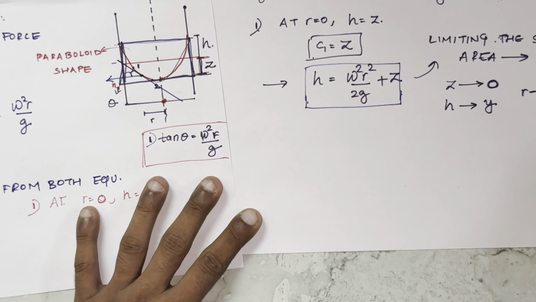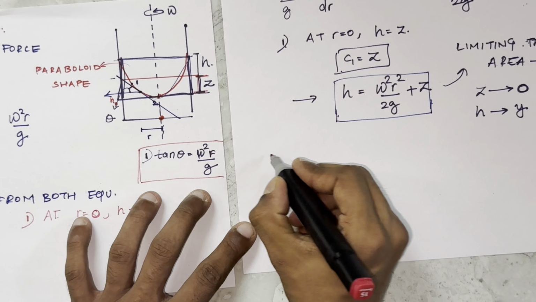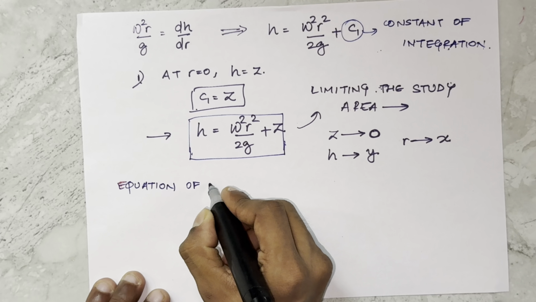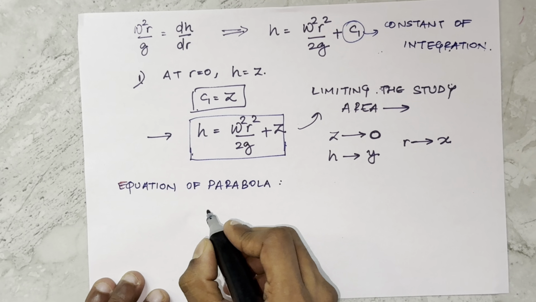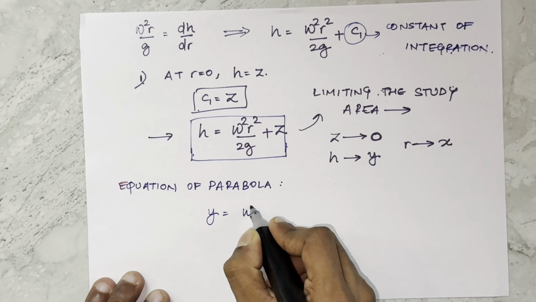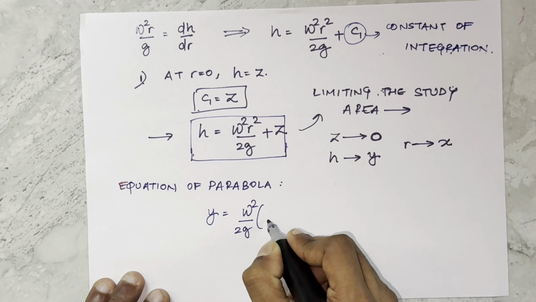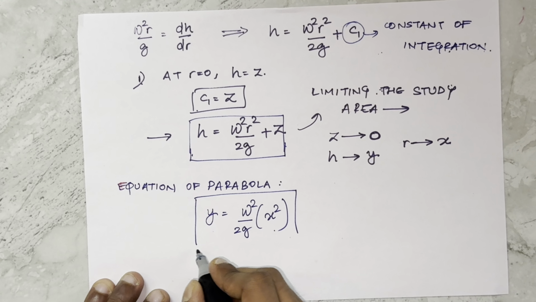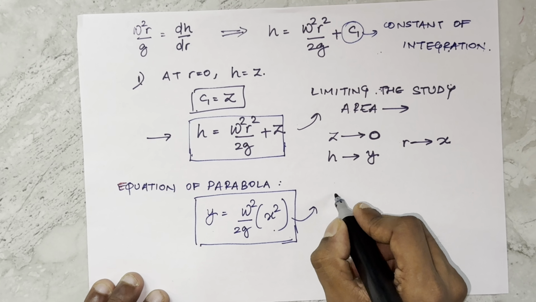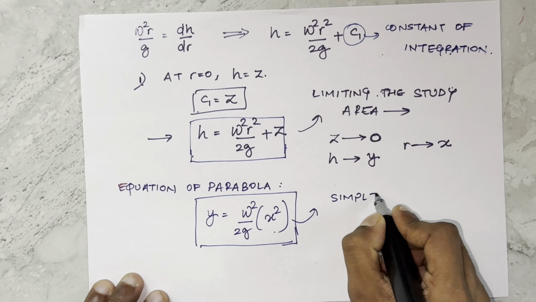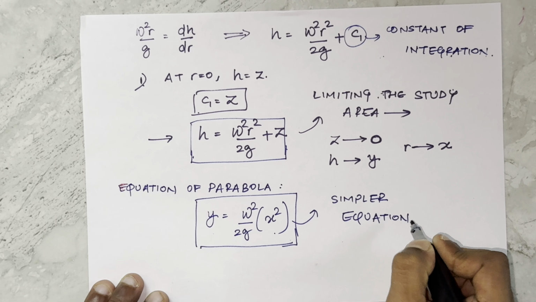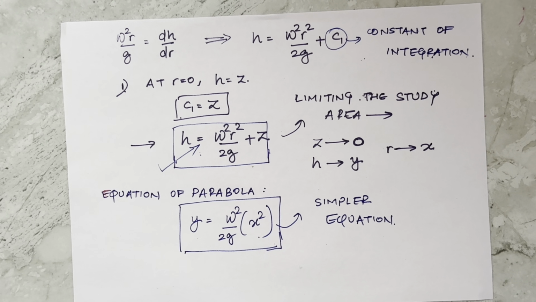From this we can write the equation of the parabola: y is equal to omega square by 2g x square. So this is the required, much simpler equation of the parabola, and we are at the end of this topic. Thank you for your kind attention.